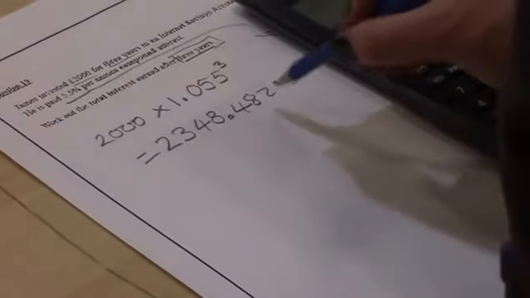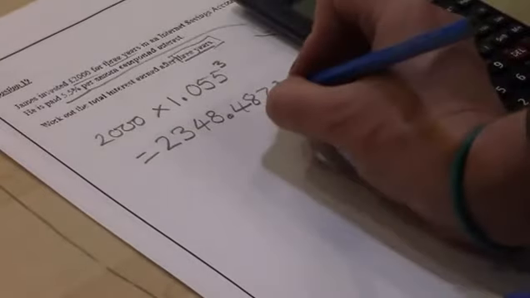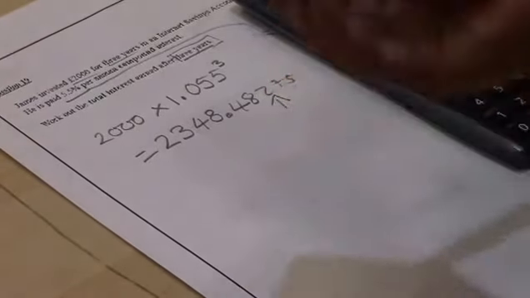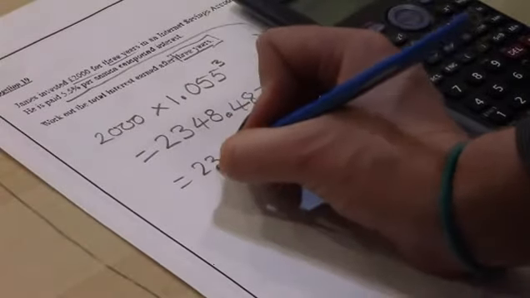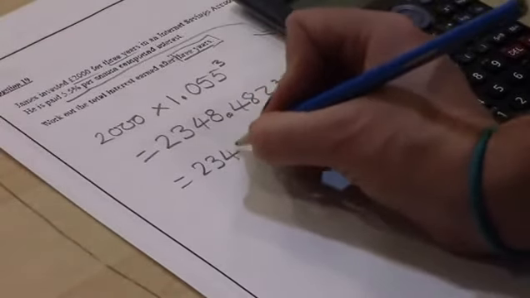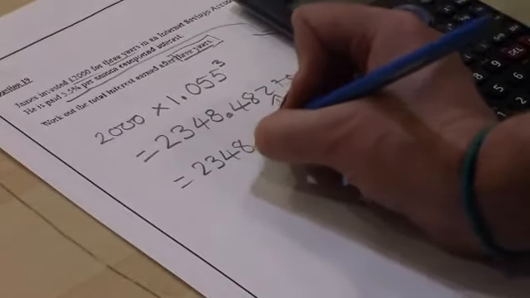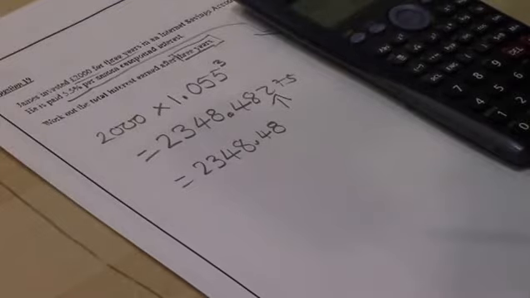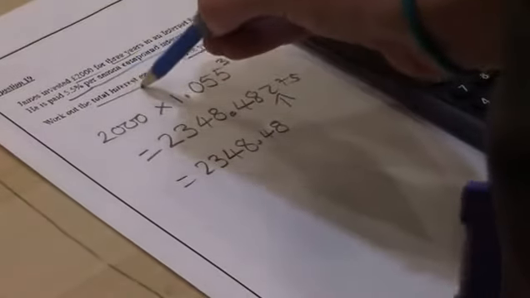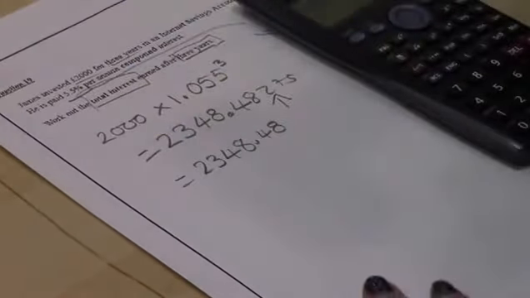However, it's money, so we're going to round it to 2 decimal places. So I'm interested in this digit here. I round down because it's a 2. So after the 3 years, he's going to have £2,348.48. However, this isn't answering the question yet because you're being asked for the total interest. That's the total amount he would have.